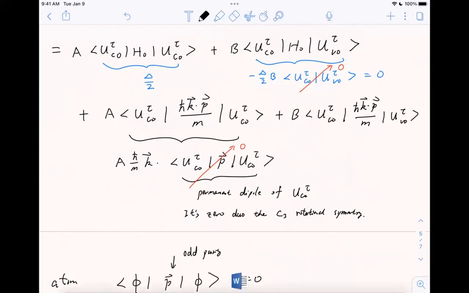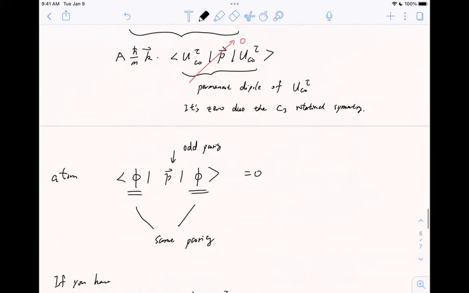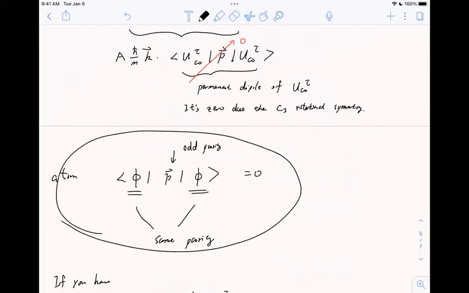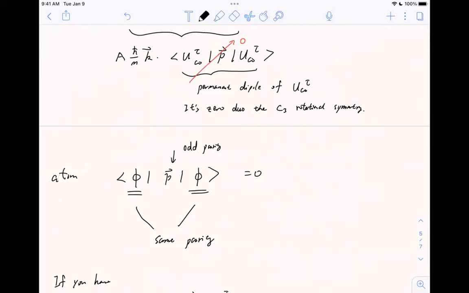Then in this case, you use the mirror symmetry. In the z plus and z minus, you flip. Then you use this parity argument. You apply the mirror symmetry. These two, because they're the same wave function, so they have the same parity. And this p dipole has the odd parity, so it's also the same.